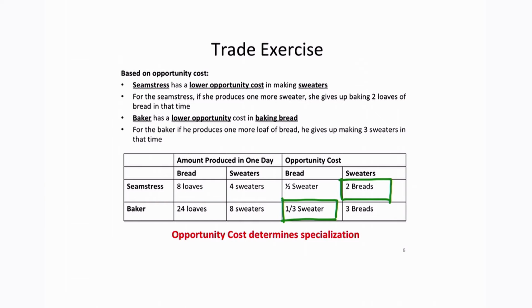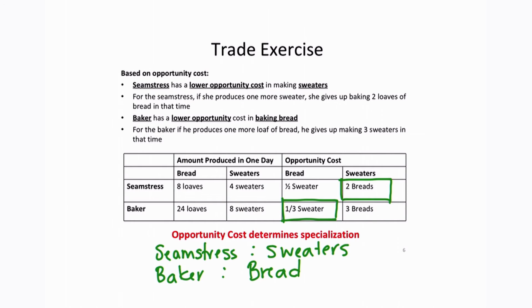So the opportunity cost will determine specialization. The seamstress is going to specialize in producing sweaters because she has to give up less bread to produce 1 additional sweater. And the baker is going to produce bread because he has to give up fewer sweaters to produce 1 additional loaf of bread.